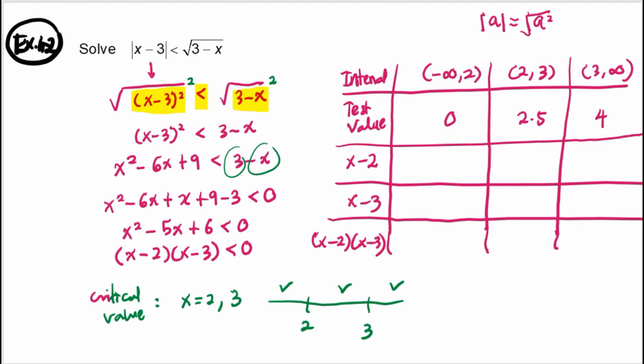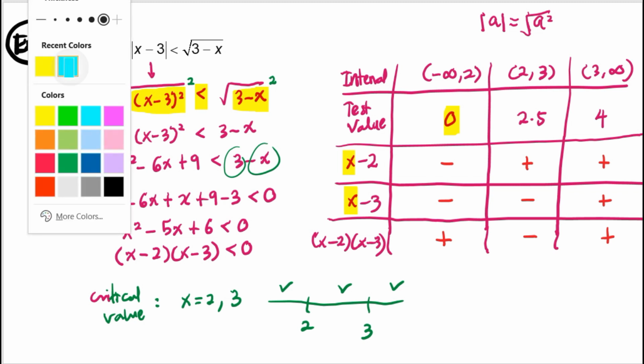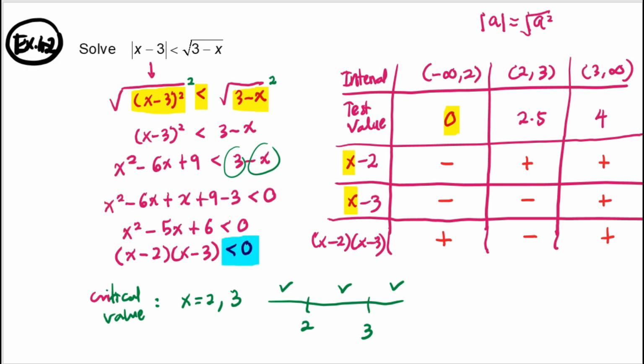If we substitute 0, 0 minus 2 will be negative, 0 minus 3 will be negative, so the product is positive. Substituting 2.5 will give negative. Substituting 4 will give positive. Therefore the signs will be positive, negative, positive. But recall that our final inequality, we want it to be less than 0. Less than 0 is negative, so this is the answer.